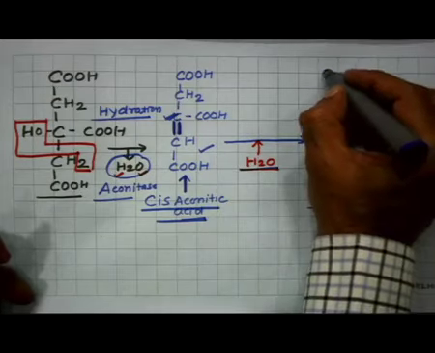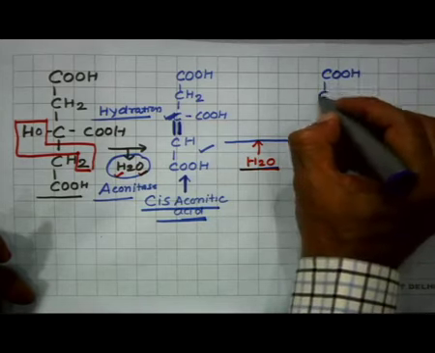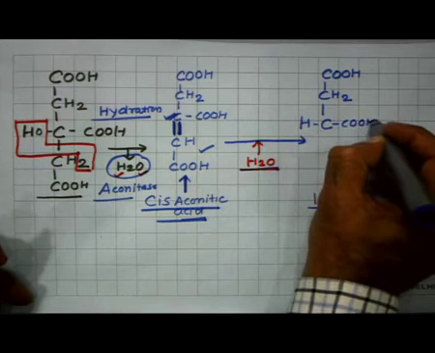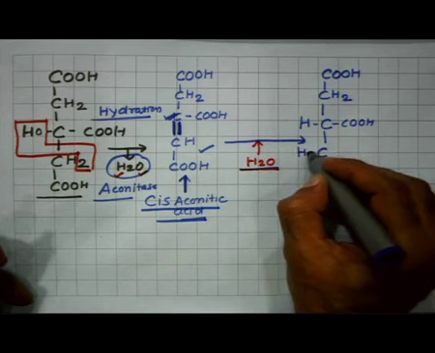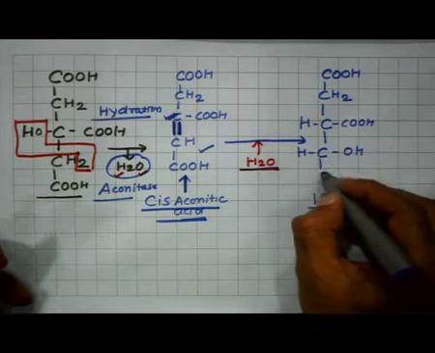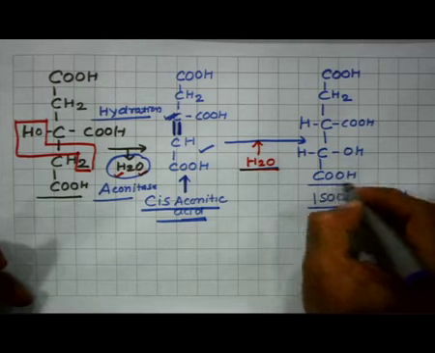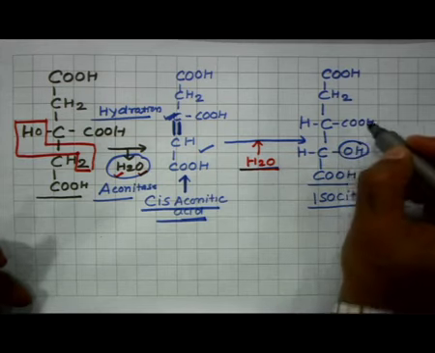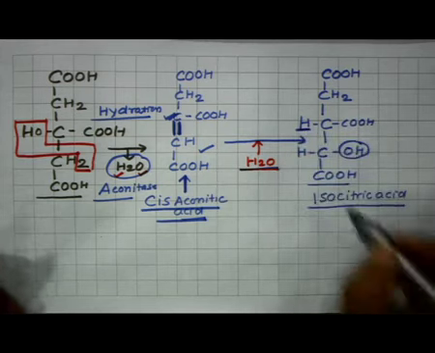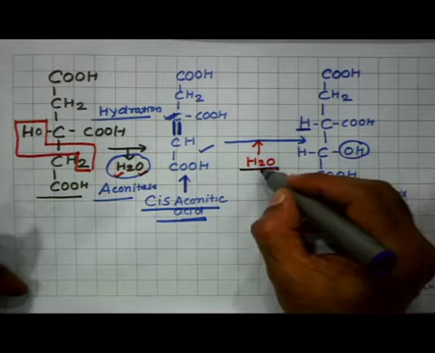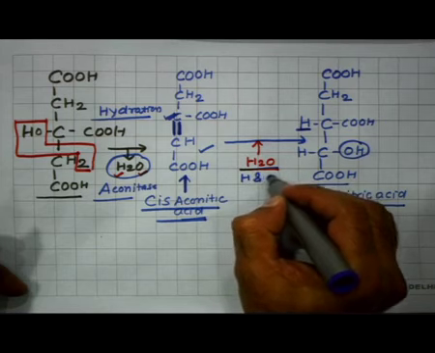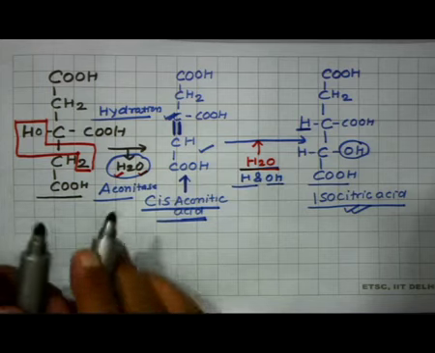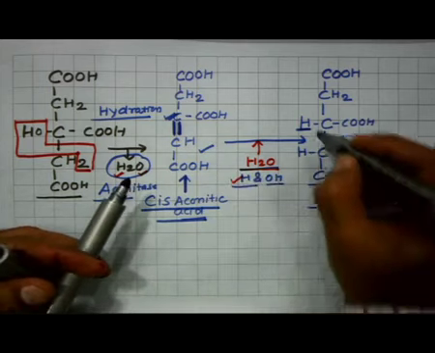H2O is going to be used here: COOH, CH2, CH, COOH, CH, OH, COOH. What is the difference? This OH is here and H is here. So, you can easily write where the H and OH are used, and we can easily write the structure, that is isocitric acid. So, this H is used.